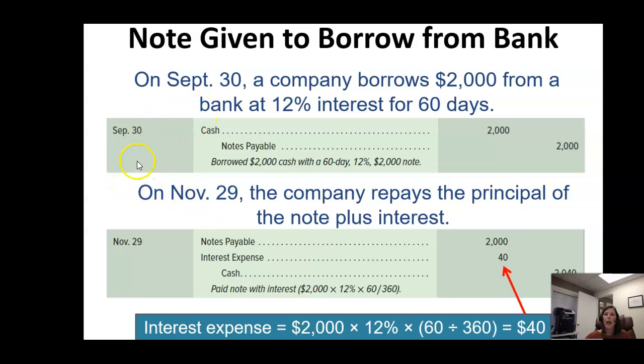But what would have happened if instead of taking this money out on September 30th, we had actually taken it out on November 30th, and the money wasn't yet due until January? Well, our financial statements are going to close, and we're going to need to issue those as of December 31st.